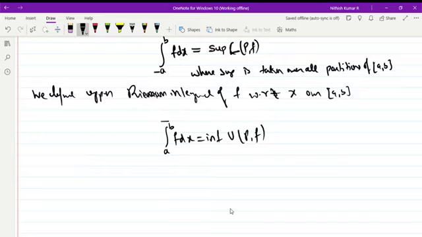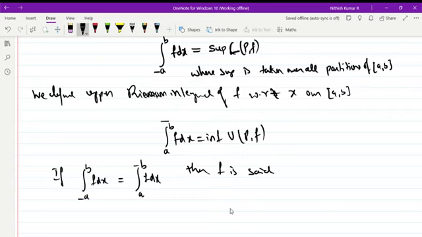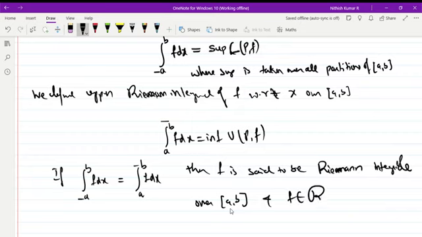So we define: if this lower Riemann integral from a to b of f dx is equal to the upper Riemann integral from a to b of f dx, then f is said to be Riemann integrable over the closed interval a comma b, and we write f belongs to script R over the closed interval a comma b.